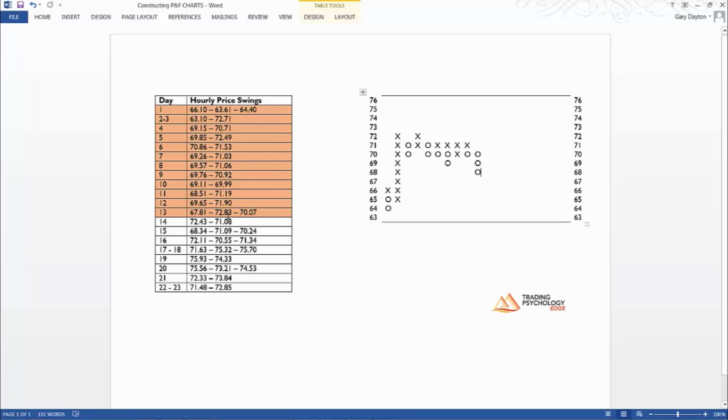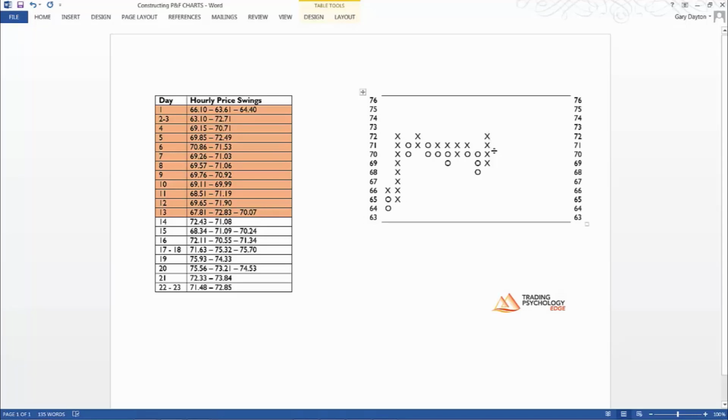Now the market rallies up to 72.83. We need to go up, but we already have a figure in 69, so we start a new column. And it goes through 69, 70, 71, and 72. The market goes up to 72.83, but it does not reach or exceed 73, so we stop at 72.